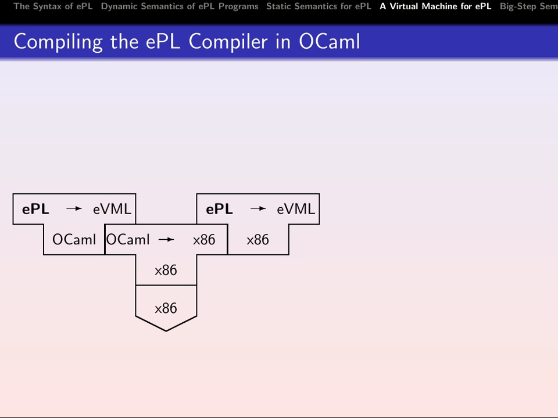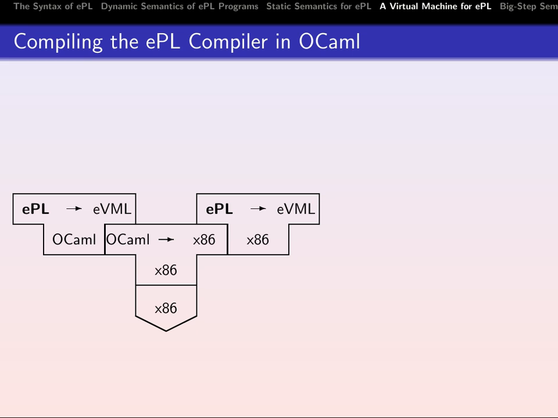So OCaml is translated into x86, by running on top of an x86. The compiler itself is a binary, and being a binary, it runs on a piece of hardware, which is here. The x86 binary can now be used.